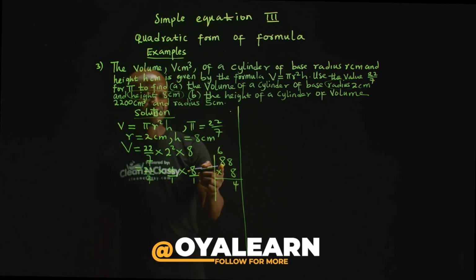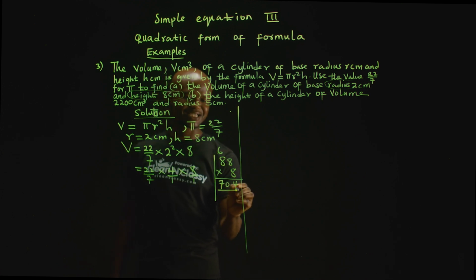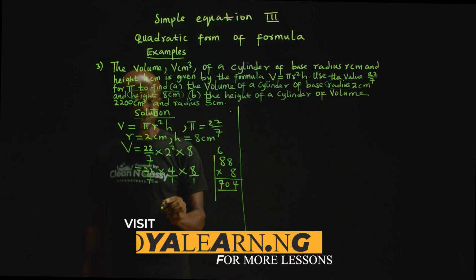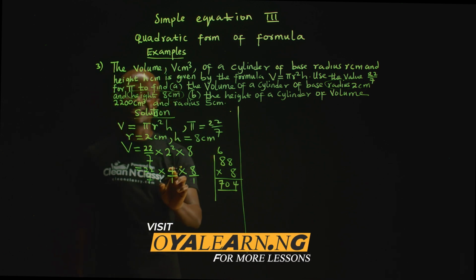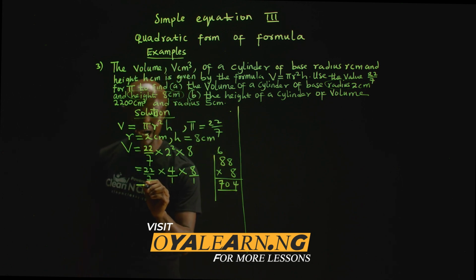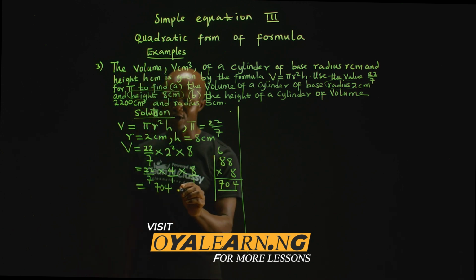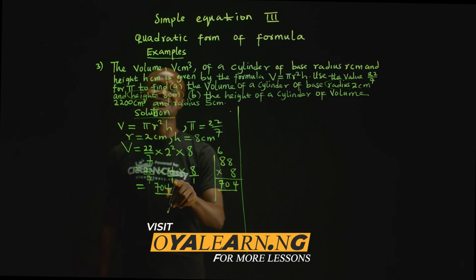What is 64 plus 6? That is 70. So 88 times 8 is 704. So 22 times 4 is 88, times 8 will give us 704.